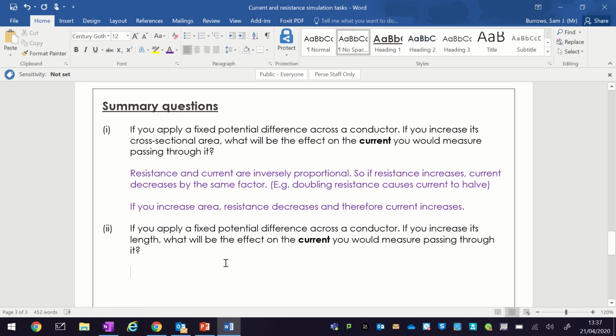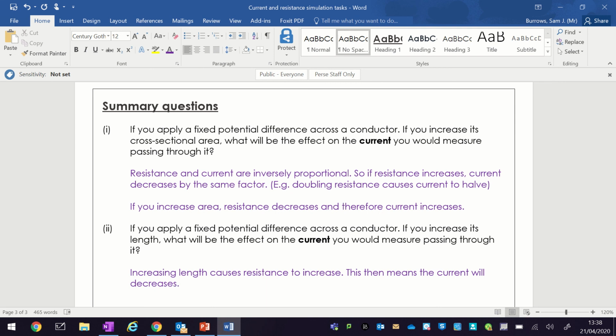And if we do the same thing with length and current, increasing length causes resistance to increase. So increasing length has the effect of decreasing the current going through a wire.